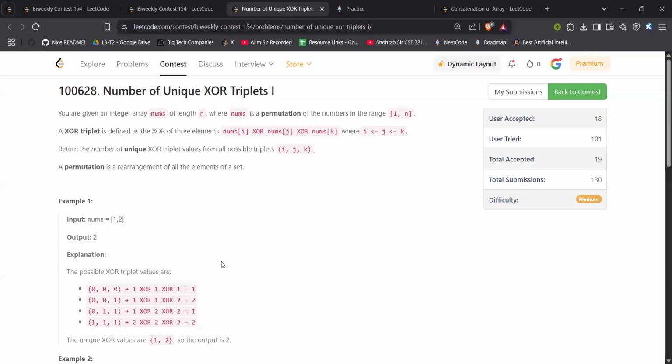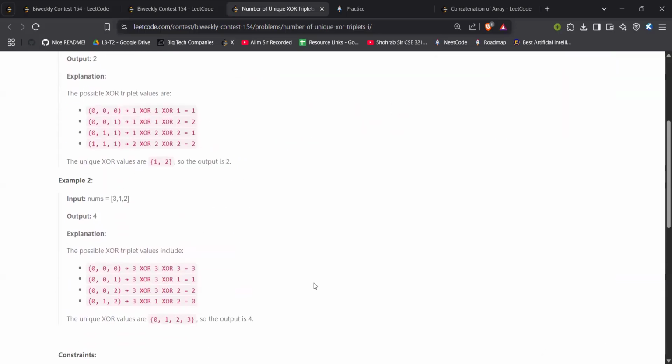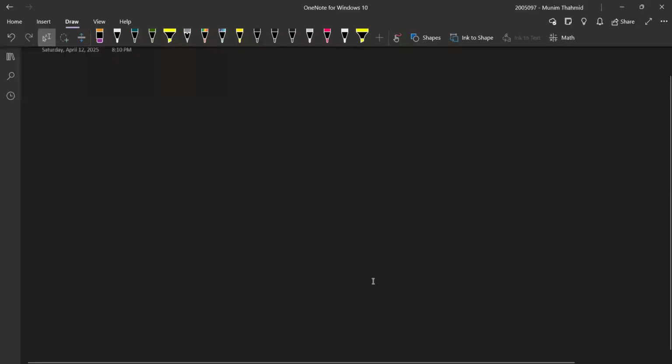Let's take a good example. So let's take 3 to this one. So suppose we have 3, 1, 2. Okay. So if I do 3 XOR 3 XOR 3, I think it gives us 3 because when you XOR the same number, it's 0.